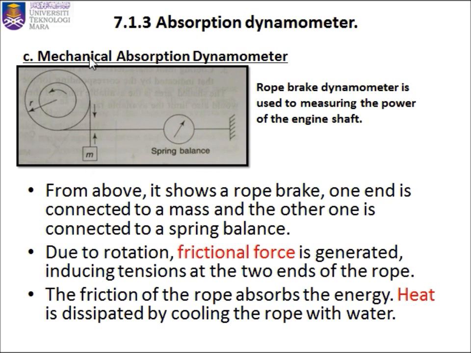Due to the rotation, frictional force is generated, inducing tension at the two ends of the rope. The friction of the rope absorbs the energy. Heat is dissipated by cooling the rope with water.